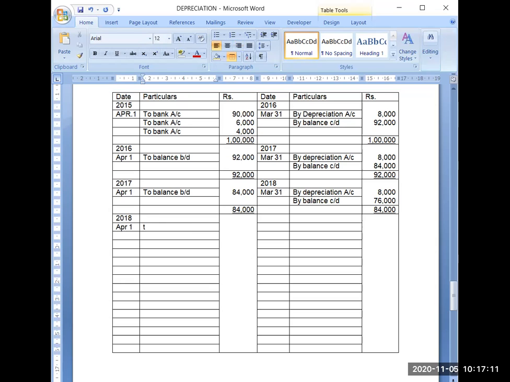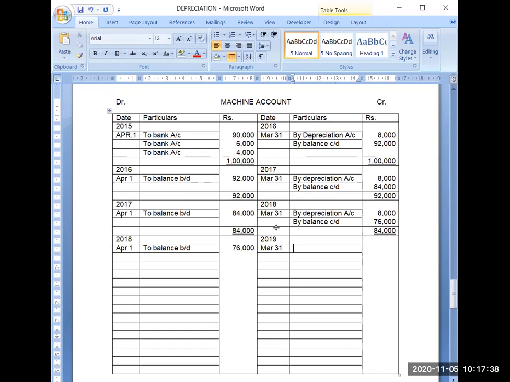I will write the opening balance of this machinery account, to balance brought down, and the opening balance is 76,000. 2019 will be the closing date. Again, there is no transaction in this particular year, no purchase and sale of machinery. Only purchase and sale of machinery can be recorded in the machinery account. That you keep in mind.